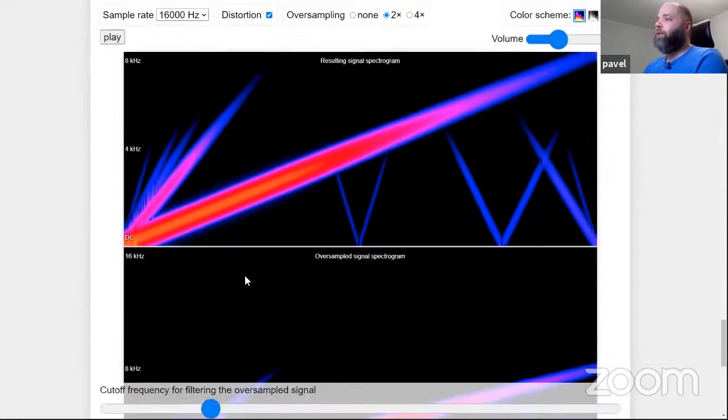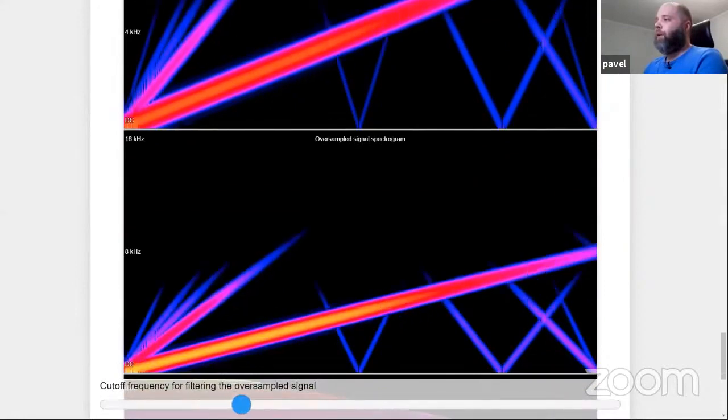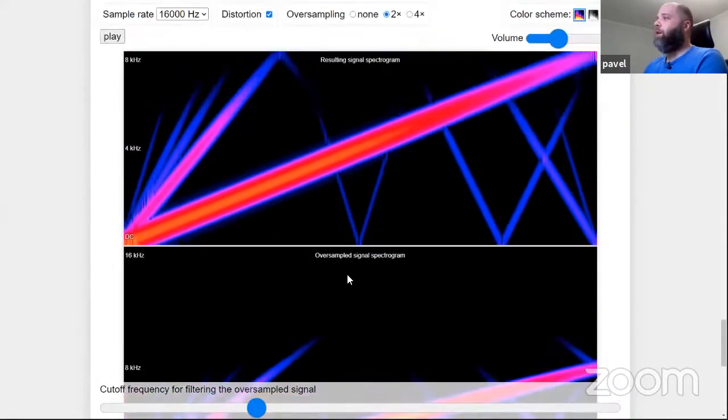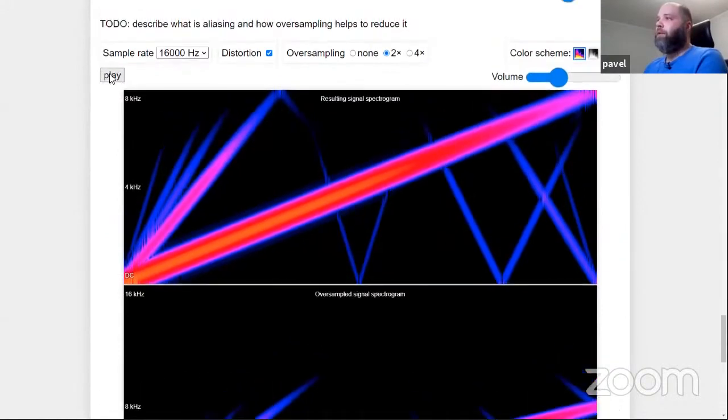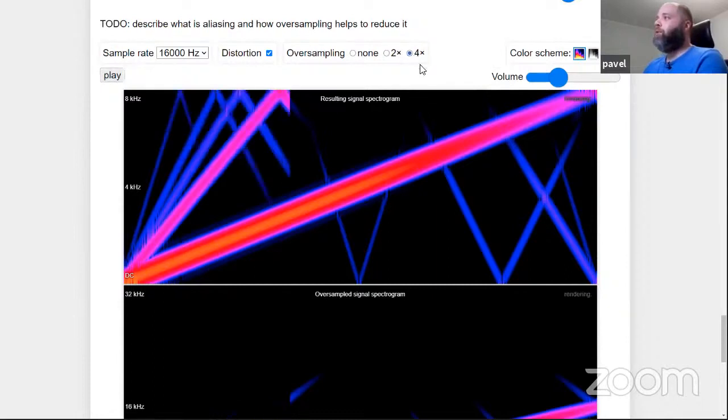So now we can see that bouncing has been reduced significantly. And we can try to play it. Honestly, I can hear a little bit of the aliasing.